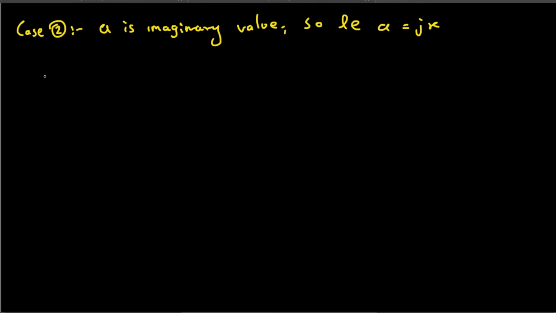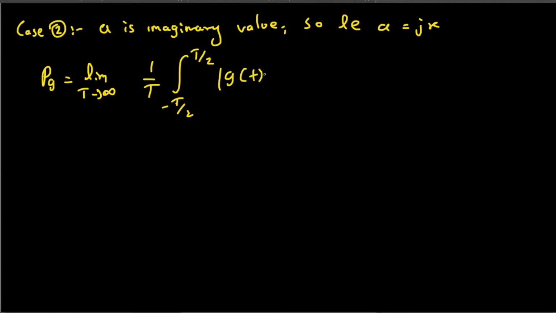And the equation for the power is given by Pg is equal to limit t approaches infinity, 1 over t integration from negative t by 2 to t by 2 of g of t absolute value square dt.